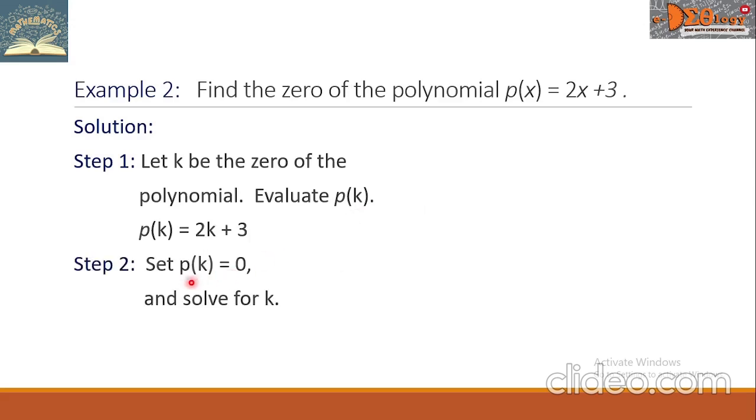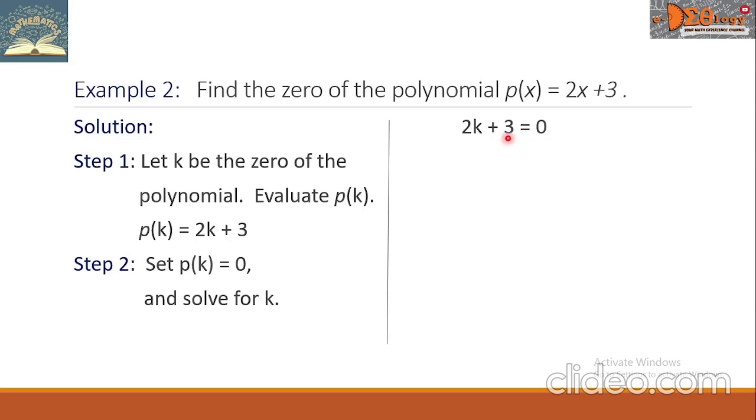Step 2. We set p of k equals 0, and we solve for k. Our equation is p of k equals 2k plus 3. Now, this becomes 0. We can disregard the p of k, then we will solve here for k.